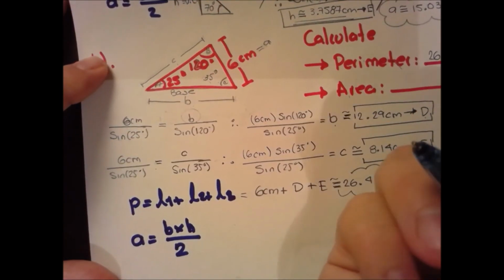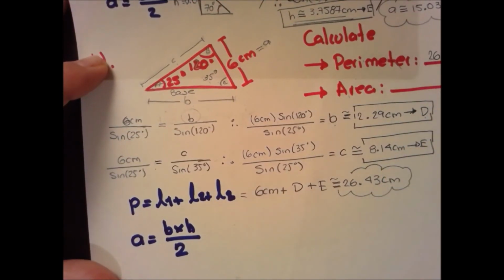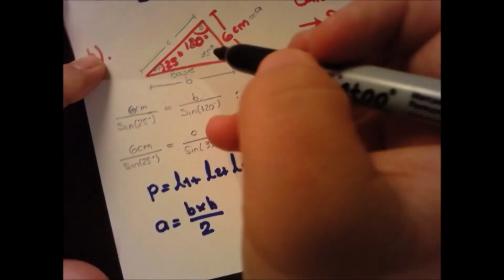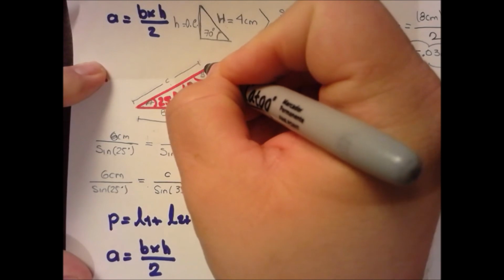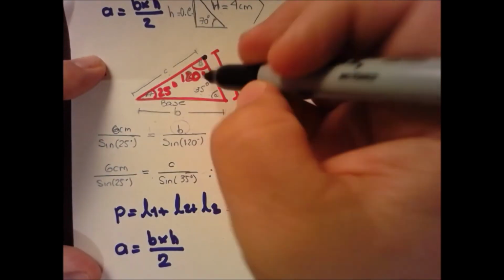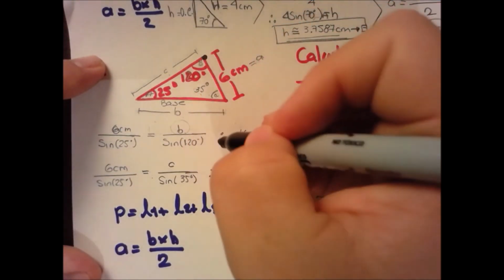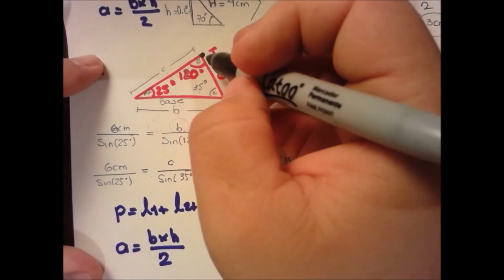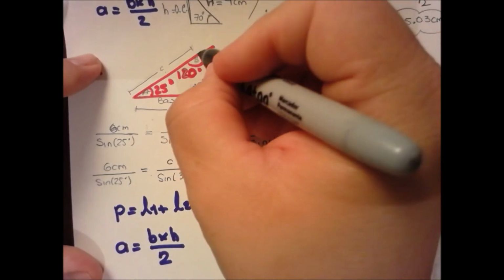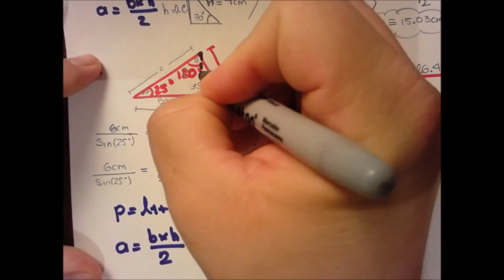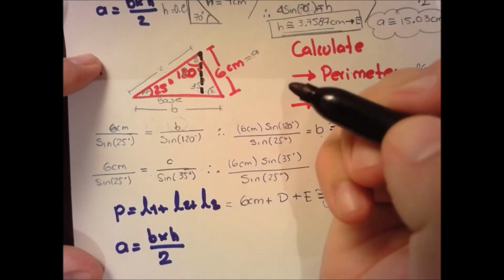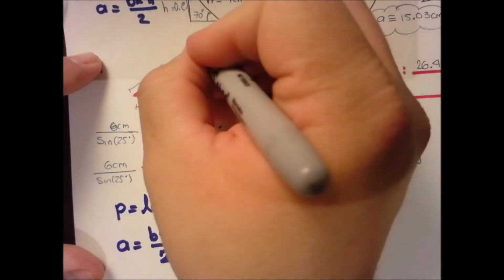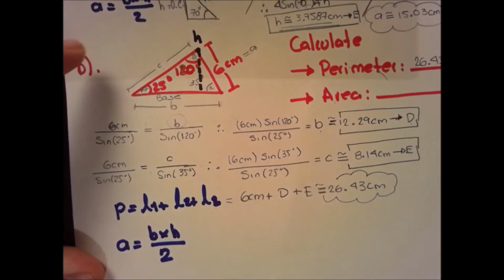My question is, what is the height? The height, remember, should be the length from the top of the triangle, in a straight line to the base in a perpendicular line, like that one. There we go. This is going to be the height, okay?